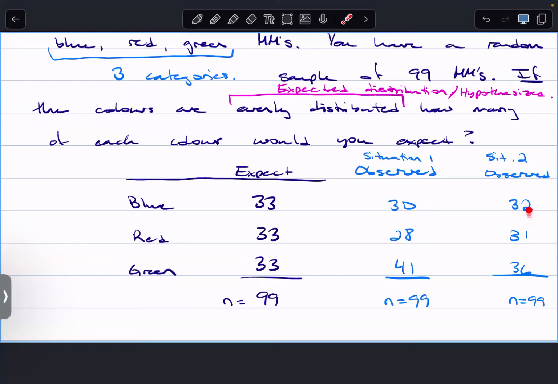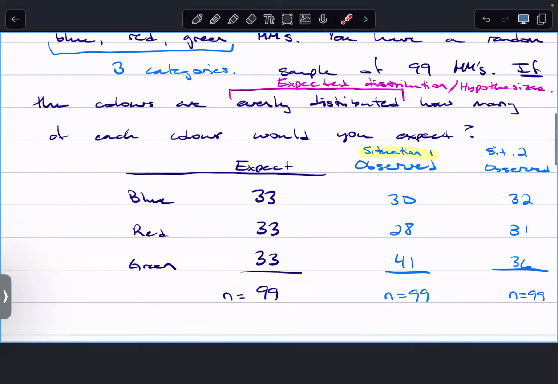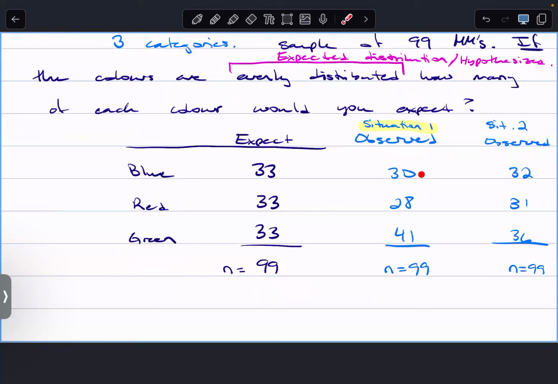And so I kind of introduced this second situation. We're going to focus on the first situation, right? Where we had, okay, 30 and 28 are less than 33, and then 41 is quite a bit more than 33. So we suspect that maybe something's going on.